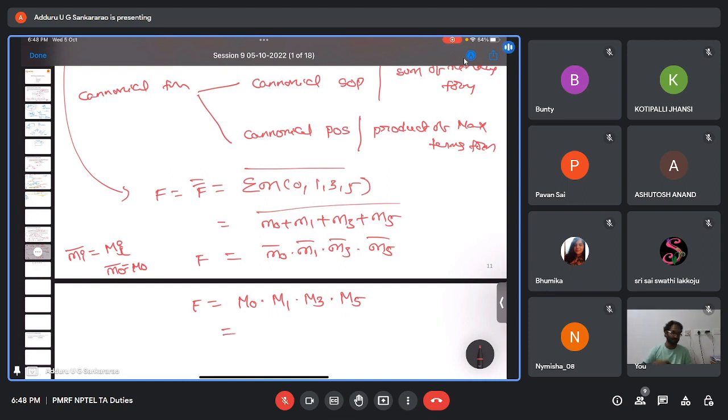Now we know that in max term representation, a variable is represented with 0 and a variable complement is represented with 1. So here max term m naught is x plus y plus z, and m1 is x plus y plus z bar, and m3 is x plus y bar plus z bar, and m5 is x bar plus y plus z bar.